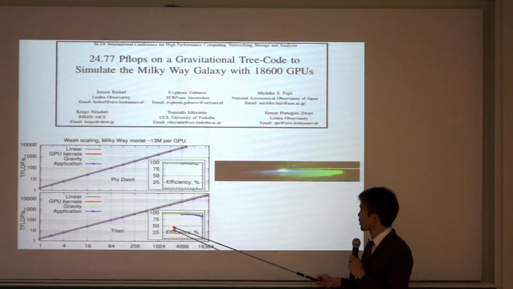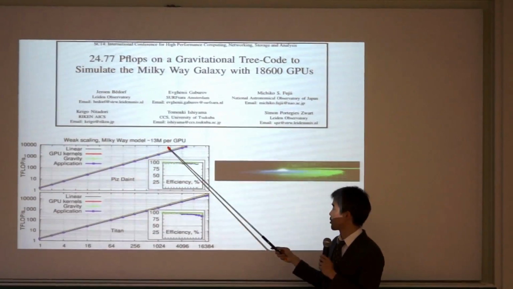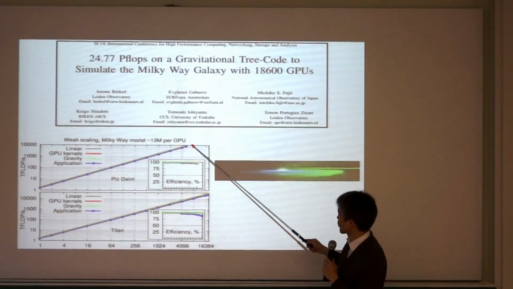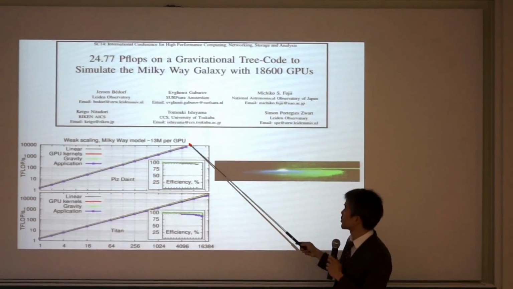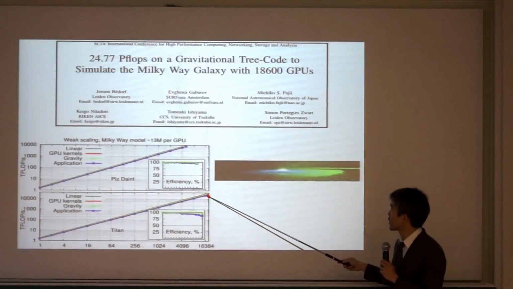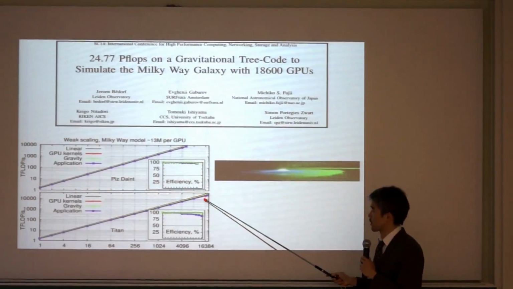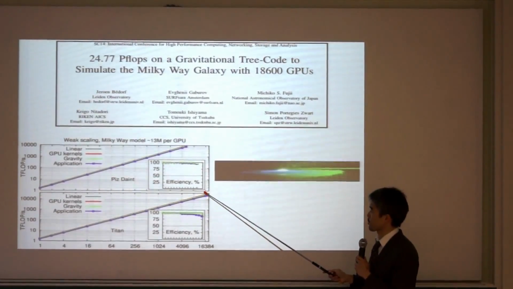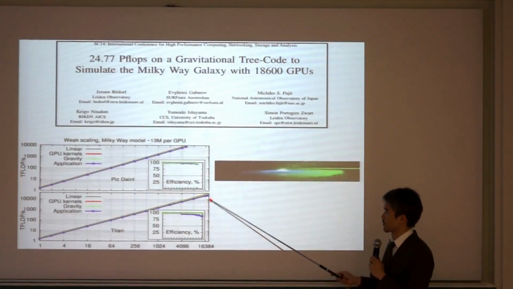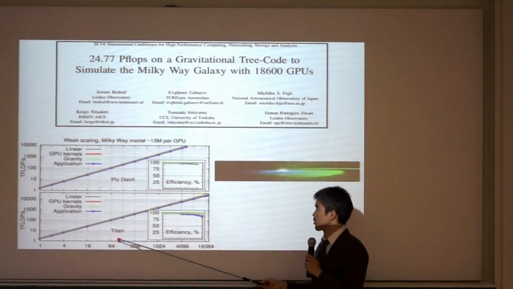This work runs on two of the biggest supercomputers that have GPUs. This one has about 6,000 GPUs, and this one has 18,600 GPUs. Titan is one of the largest supercomputers in the world. I think number one is China's supercomputer, Tianhe-2, but Titan is the largest one in the US.